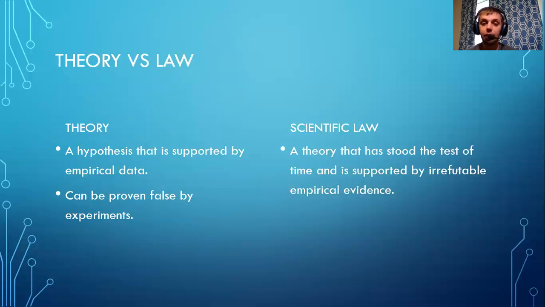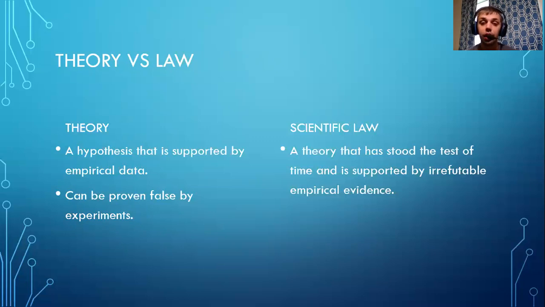A theory can be proven false by just 1 or 2 experiments. A scientific law is simply a theory that has stood the test of time and is supported by irrefutable empirical evidence. Now, some people will hear the term and say, oh, it's just a theory. It's something that people say a lot. However, a theory is not just a guess. A theory is supported by a lot of evidence.